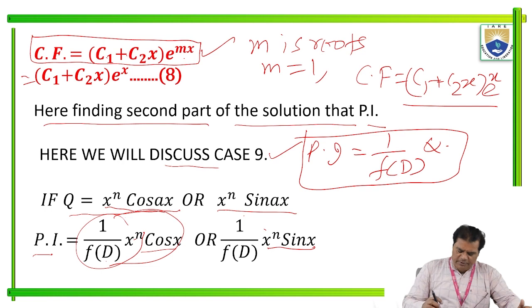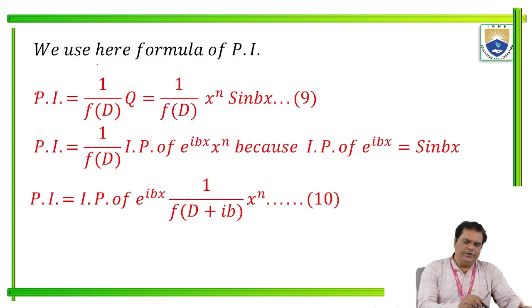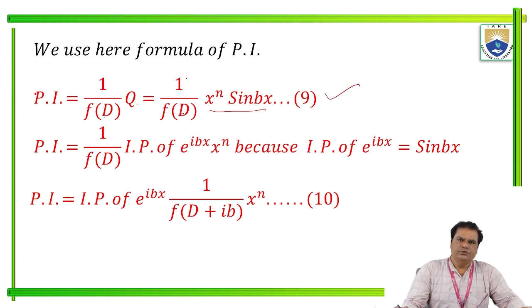Then what will happen here? We use the formula of PI. So PI equals 1 upon f(D) x to the power n sin vx. This is equation 9. Here sin vx is a trigonometric function.